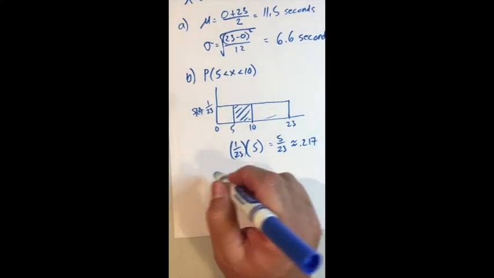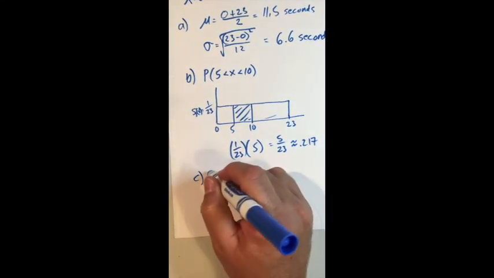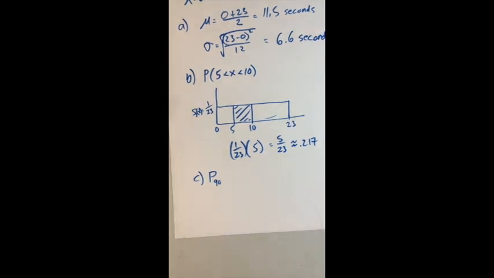Okay, part C is asking us for the 90th percentile. We haven't talked about percentiles in a little while, but hopefully it hasn't been so long that you don't recall.